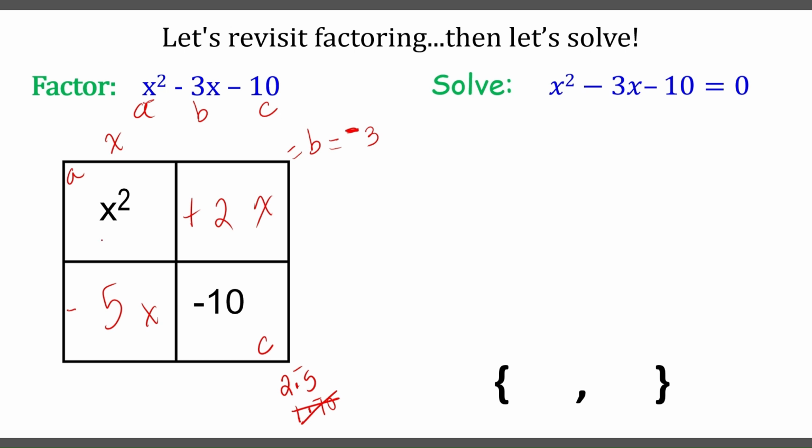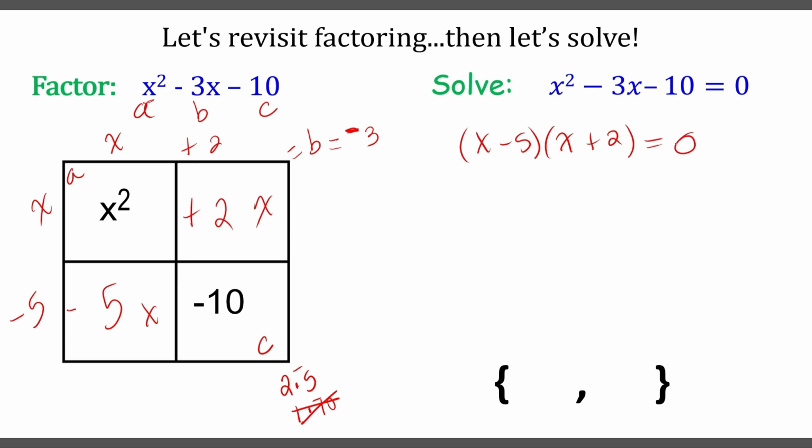When we take the side lengths of x squared, that's going to give me x and x. -5x divided by x is going to give me -5. 2x divided by x is going to give me +2. So our factors are going to be x minus 5 times x plus 2 equals 0.